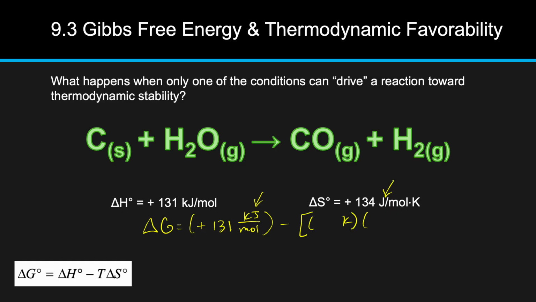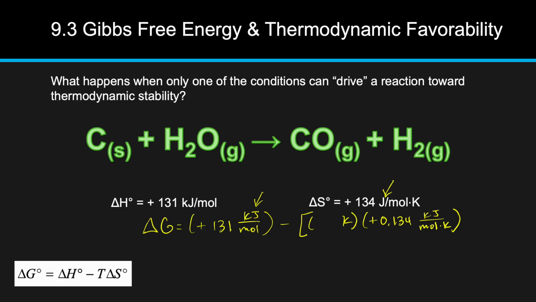So we need to get that joules into kilojoules if we want the units to check out at the end. So to go from joules to kilojoules, we're going to divide by 1,000. So this is going to be positive 0.134 kilojoules per mole times Kelvin.